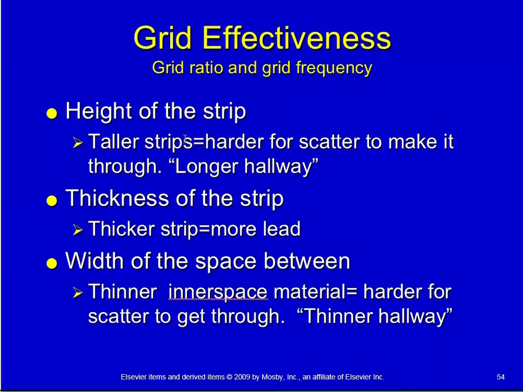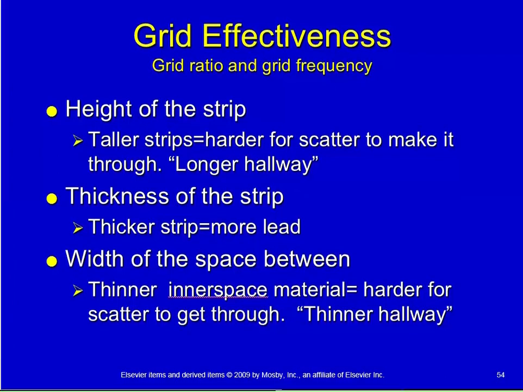All right, so grid ratio is calculated as, if you look on page 195, you see grid ratio in the box closest to the bottom on the right hand side. So this grid ratio is the height of the lead strip divided by the distance in between them. You're going to have a tendency on a test to want to make grid ratio the height of the grid strip divided by the thickness of the strip.